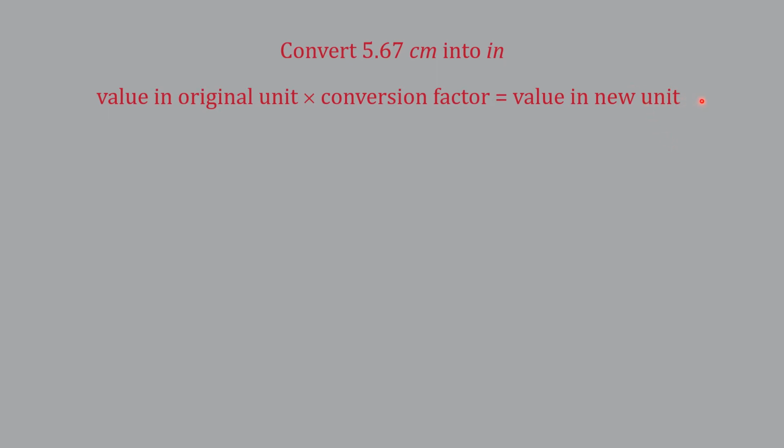Almost every single problem that you do in this class is going to have this basic form. You might need more than one conversion factor, but this is really important. Starting point, conversion factors, your end answer.